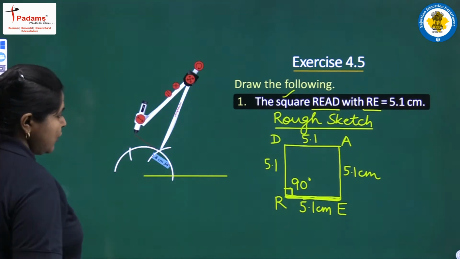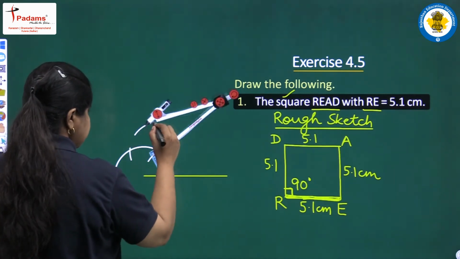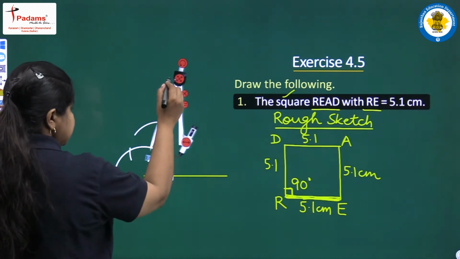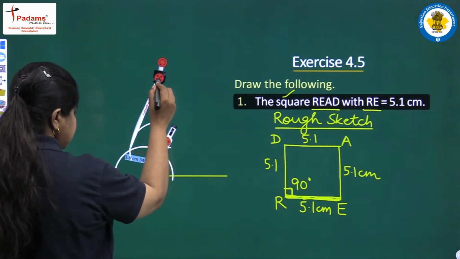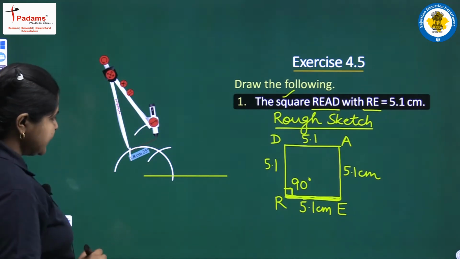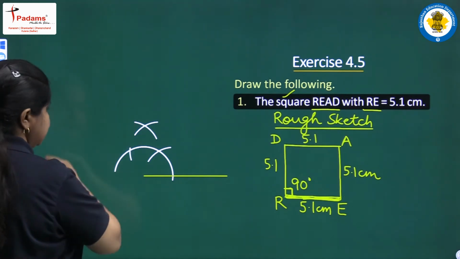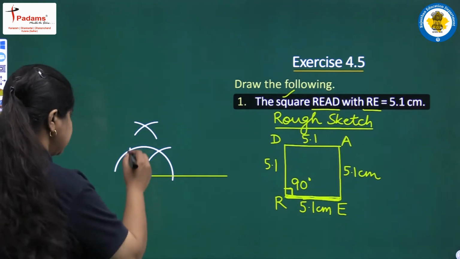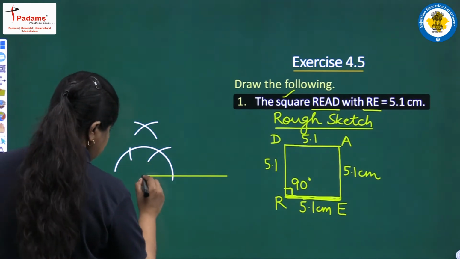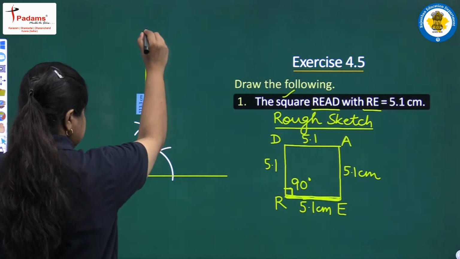We get an angle of 120 degree. What next? With the same radius we will draw one more arc, keeping the center at this point. At this point again we will draw one more arc. Yes, now we get the point of intersection of these two arcs, and we will join this point in this way.